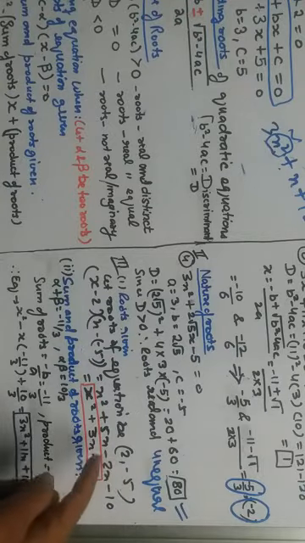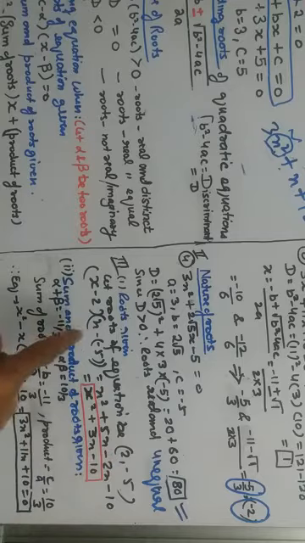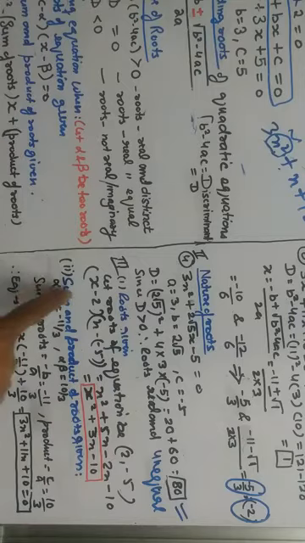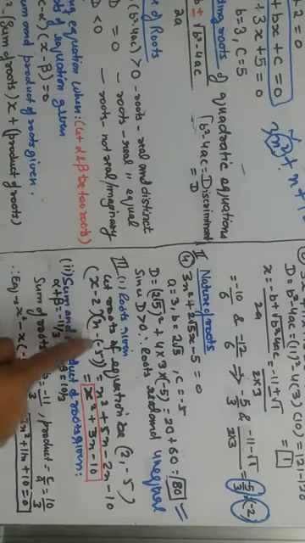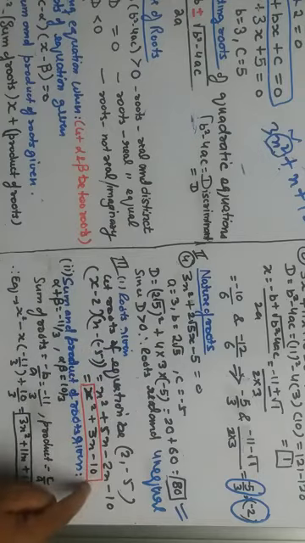This question is given in the exercise. So what we have to do? x minus the first root, as we have just discussed on the left side, x minus alpha and x minus beta equals 0. So x minus the first root into x minus the second root, open the bracket, we are getting the quadratic equation.